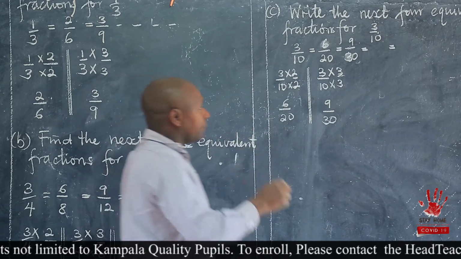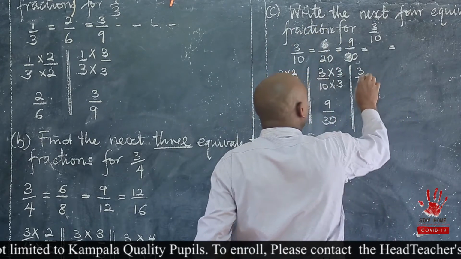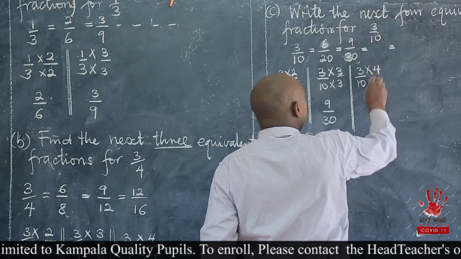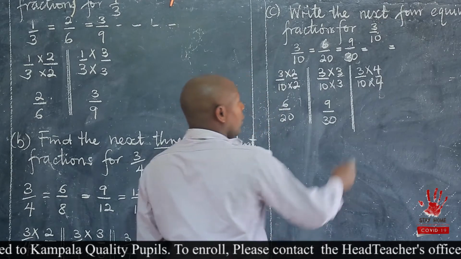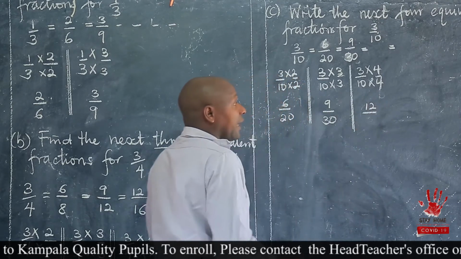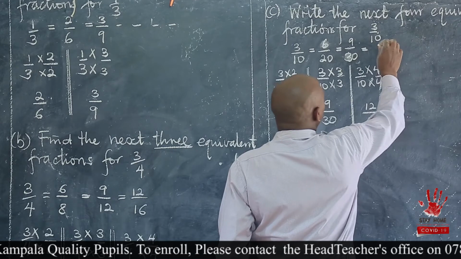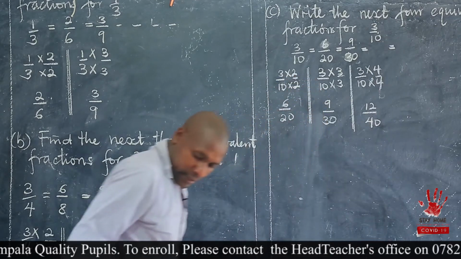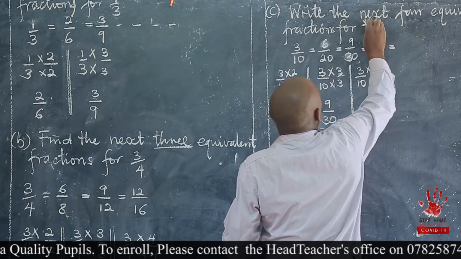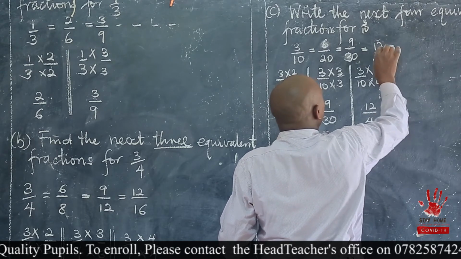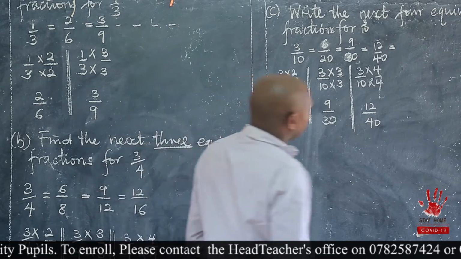We go to the third one, whereby we shall have 3/10 times 4 times 4. By numerator, we shall have 3 times 4 gives us 12, and 10 times 4 giving us 40. Very good. So we get 12/40, which is also another equivalent fraction for 3/10.